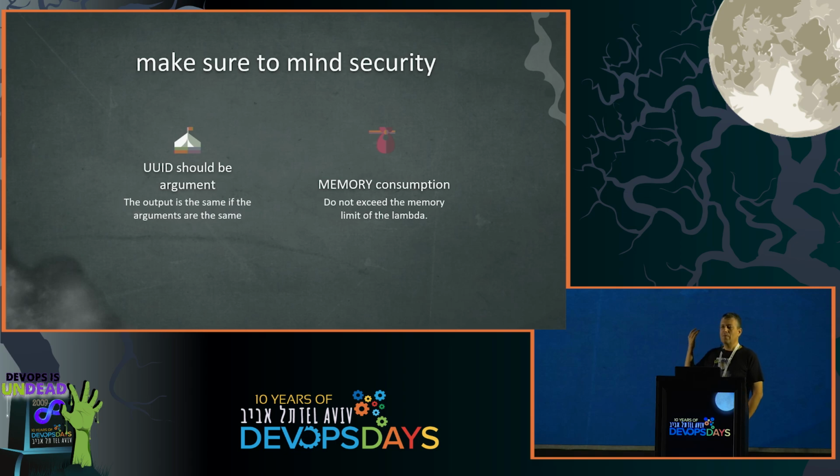Use a real UUID to make sure that the data will not leak from one client to another from the cache. Also be mindful of memory consumption. When you're using in-memory cache, there is a chance that your Lambda will run out of memory. So keep it for small operations.